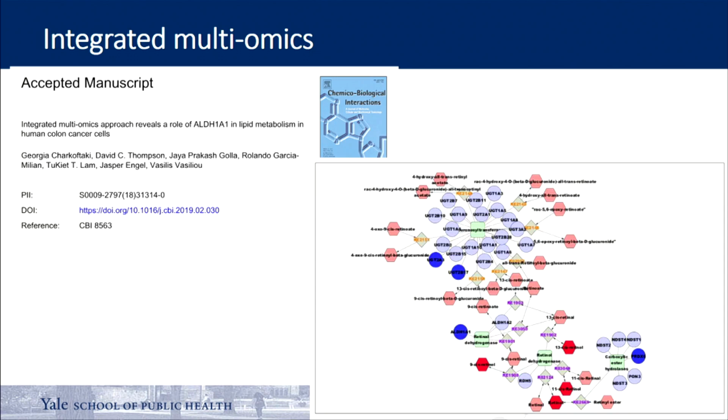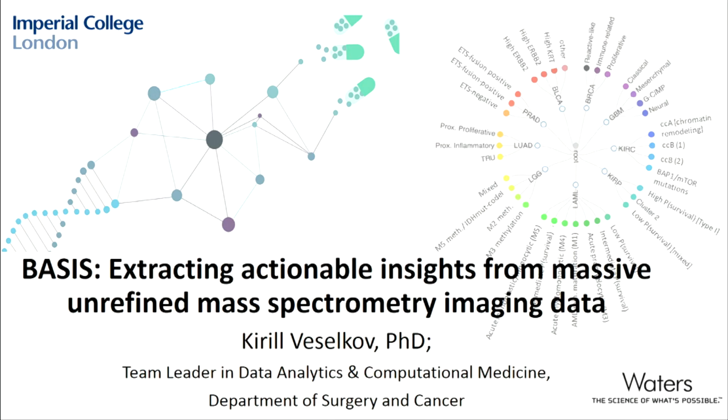So I initiated a collaboration a couple of years ago with Kirill Veselkov at Imperial College, and we're trying to develop this platform, which is essentially software that integrates all of this, especially based on imaging mass spectrometry and integrated microscopy, also RNA-seq, pathology and so on, to get better data.